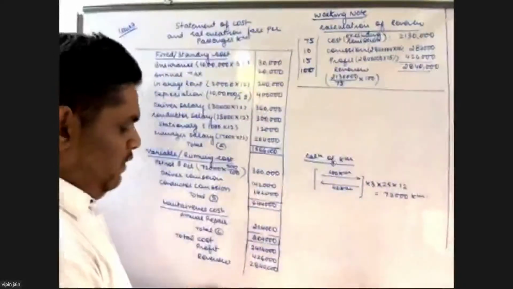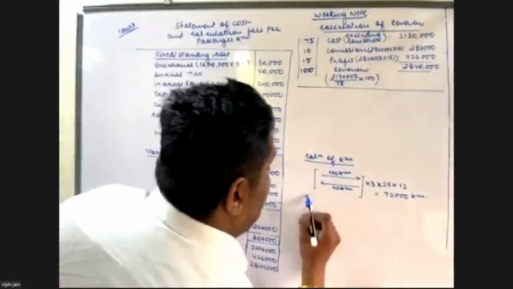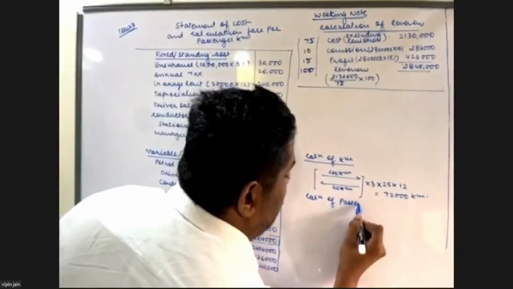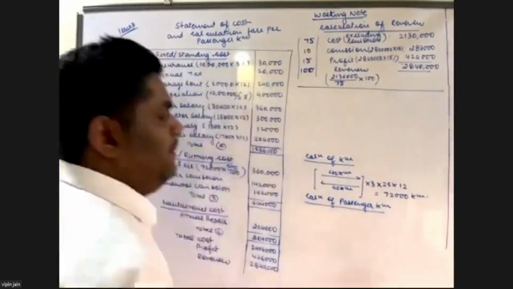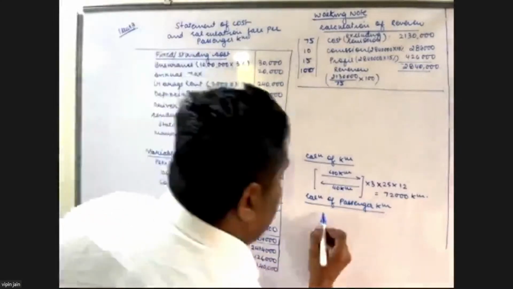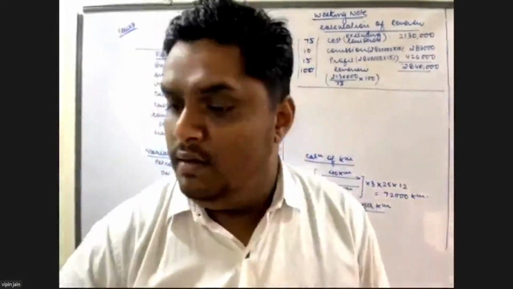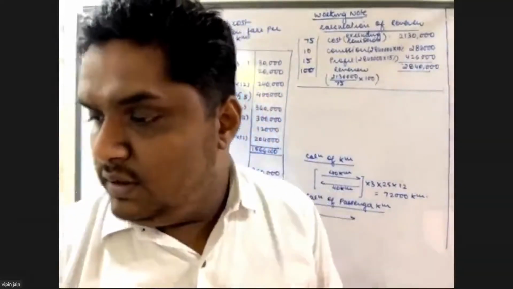Now, since we have to calculate the fare per passenger kilometer, so calculation of passenger kilometer, wherein in onwards journey, 40 passengers.